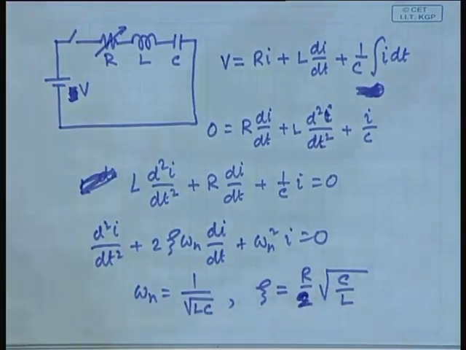When it becomes over damped, you can still write down the time constant, clear. You can at that time write down the time constant, because it will then be an exponential solution.